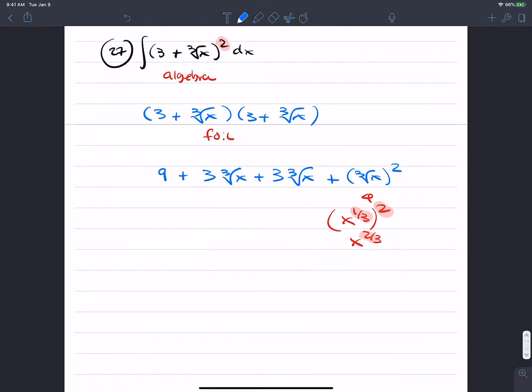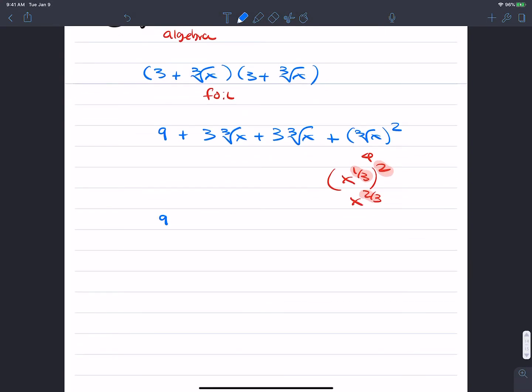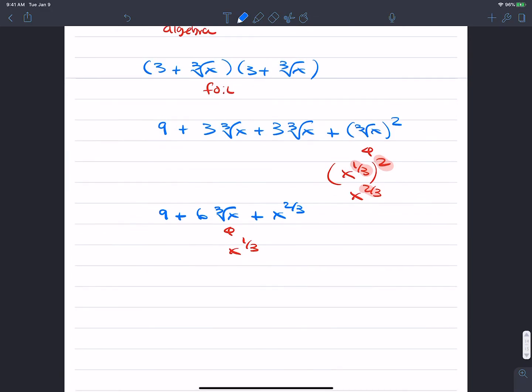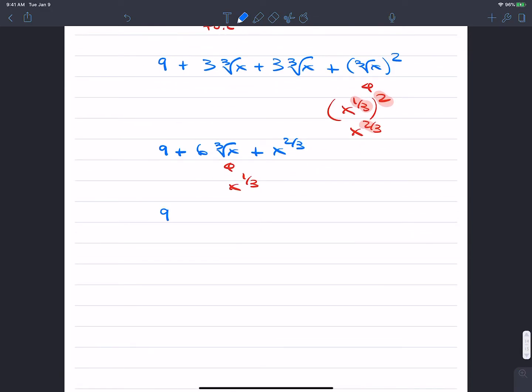So combining like terms here, we get 9 plus 6 cube root of x plus x to the 2/3 power. And we can also replace this with x to the 1/3 so that when we integrate, it'll be already in a form we could use.